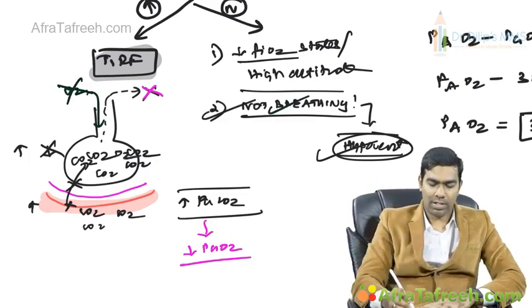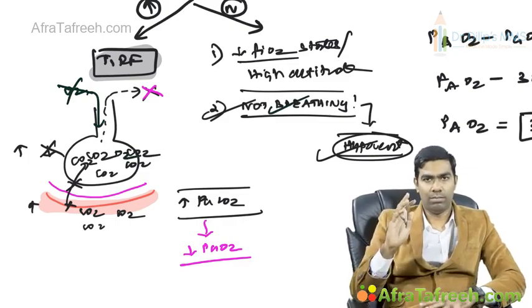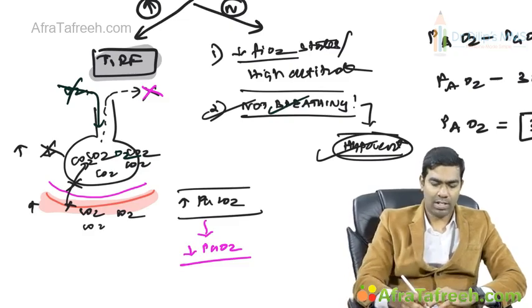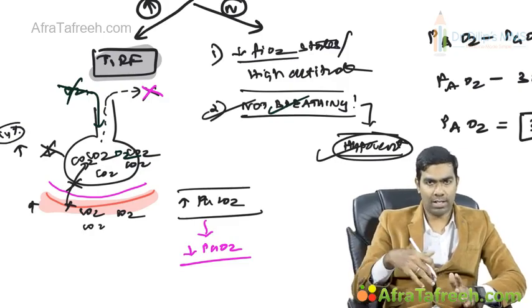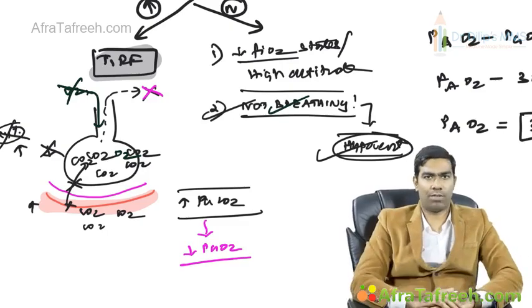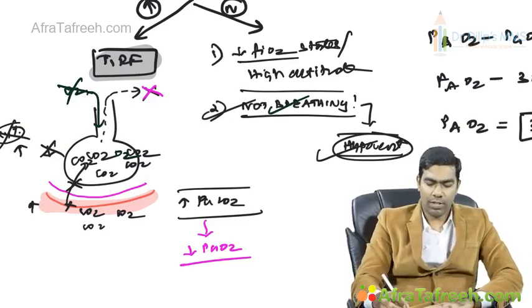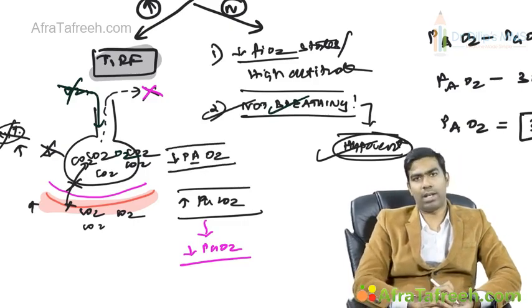Similarly, whatever oxygen is coming inside is getting diluted so much by the carbon dioxide around. Normally I told you the concentration is approximately 14% of oxygen that reaches the alveoli, but here it will become 5 or 4% because so much carbon dioxide is there around, which is not getting exhaled. So the effective alveolar PaO2 will be decreased dramatically.